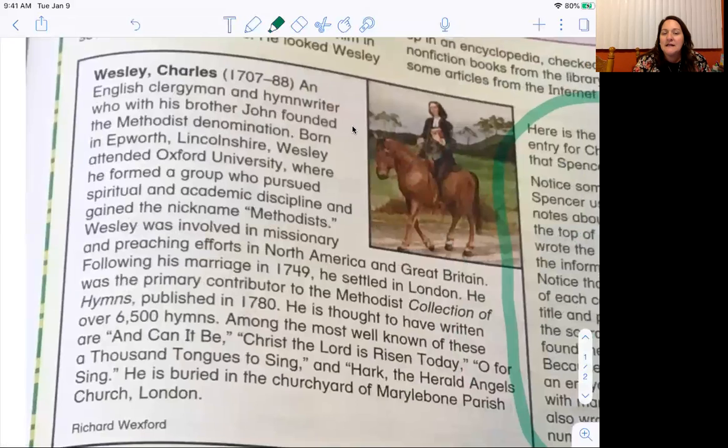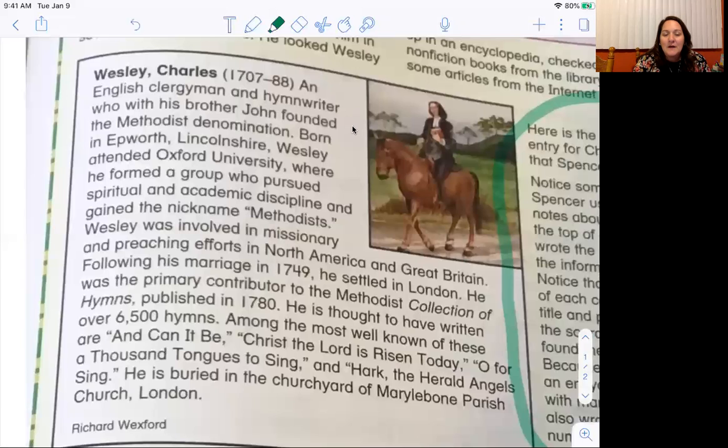1707 to 1788. An English clergyman and hymn writer who, with his brother John, founded the Methodist denomination. Born in Epworth, Lincolnshire, Wesley attended Oxford University, where he formed a group who pursued spiritual and academic discipline and gained the nickname Methodists. Wesley was involved in missionary and preaching efforts in North America and Great Britain. Following his marriage in 1749, he settled in London.